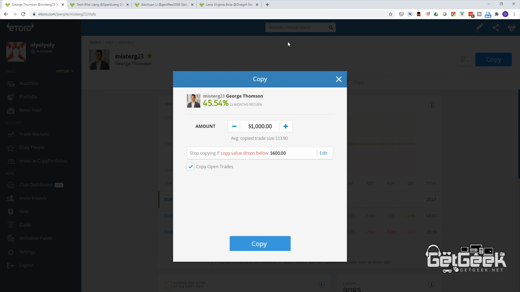Now, the next part is to do with stop losses. You can either set this as an amount or a ratio. And what this will try to do is, if you copy this guy with $1,000 and his balance is slowly going down, and then it hits the 600 mark, it will cash out for you on your behalf because that's the amount you said to cash out at.